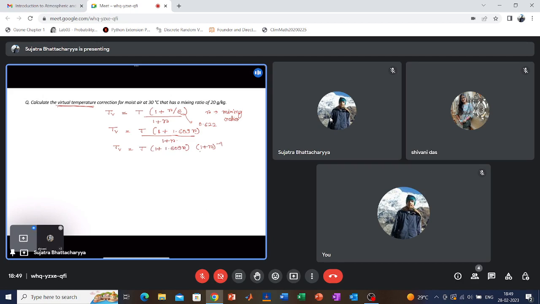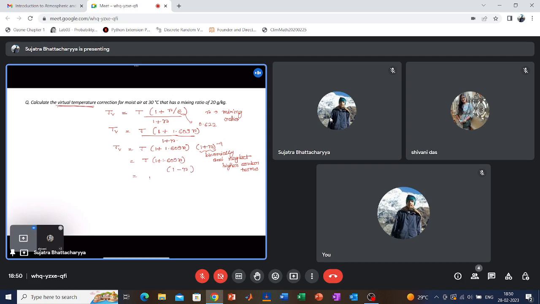Now expand this binomially and neglect higher order terms. So it will come out to be T into 1 plus 1.609 R into 1 minus R. The R square terms I will not take.